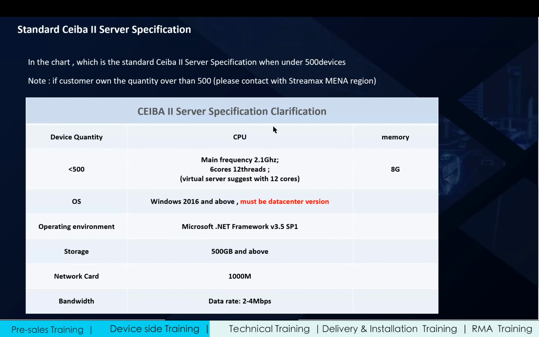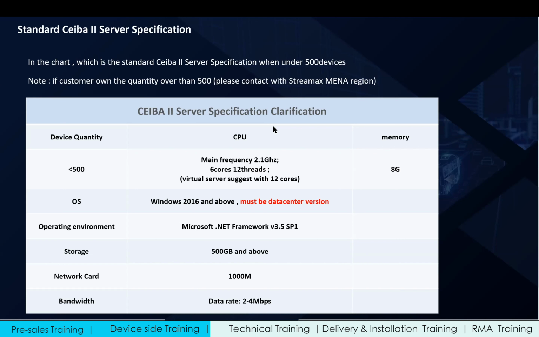As you can see in the chart, once the customer reaches us, he says, okay, we have a fleet, we have a project. We need to use the Streamax SEBA server, and the devices will be under 500.